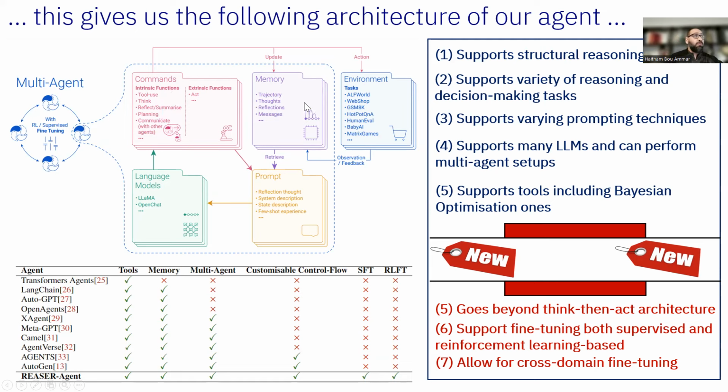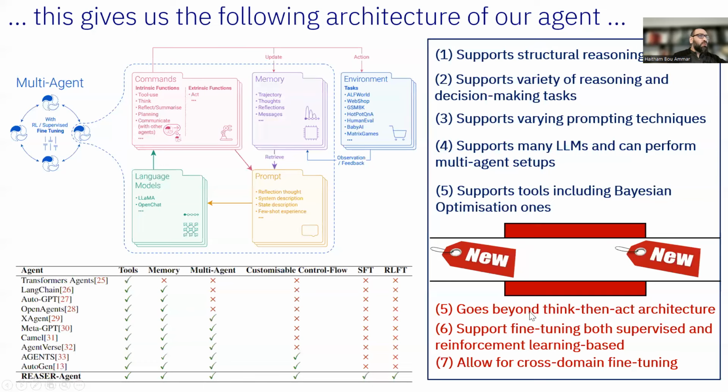It has a working memory, which will store thoughts, trajectories, reflections, messages from the tools, and so on. It has different prompting templates, and of course, access to many large language models. So we include many tasks in many environments for this agent, like AlfWorld, WebShop, GSM8K. I will talk about them later.